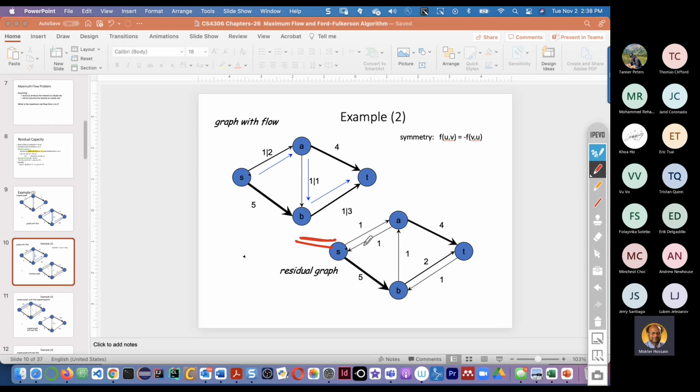This is negative 1 unit. That means it can take more. How much more can it take? 2 minus 1. You had capacity for 2 units, you passed 1 unit, so 2 minus 1 is equal to 1. And here similarly it had capacity 3 units, it passed 1 unit, so it has capacity 3 minus 1, that means 2 units.